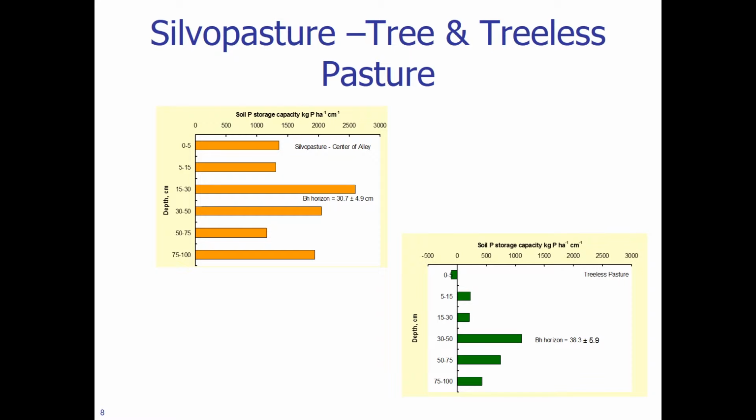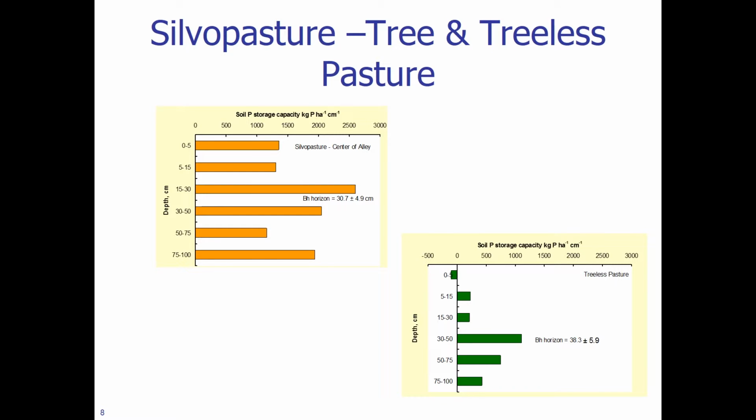Now for the silvopasture with the tree component, you will notice again it's very similar to the one that we looked at earlier. That is, you will find SPSC to be positive throughout the profile. And the Bh here occurs at about 30.7 centimeter depth.